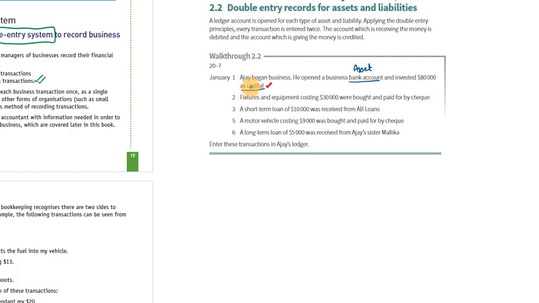If a business owner puts his money into his business and opens a business bank account, can we say this business bank account increases, meaning asset increases? And the owner put 80,000 into the business; putting money into a business is called capital.